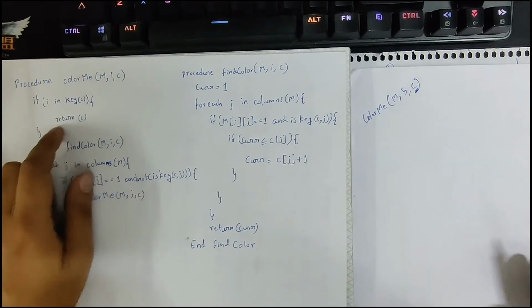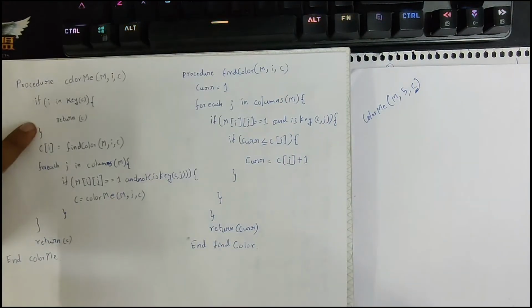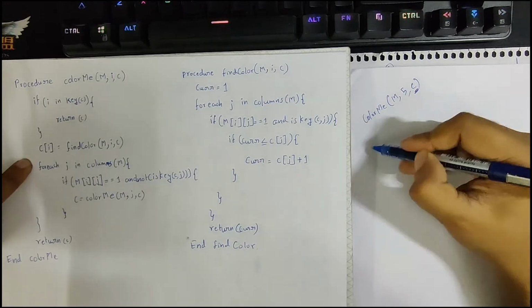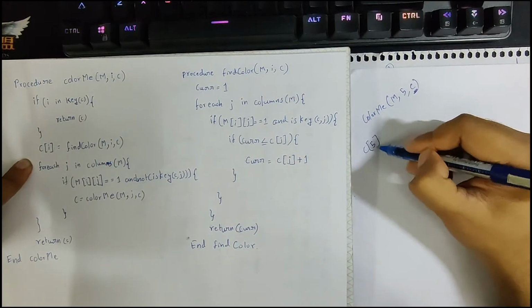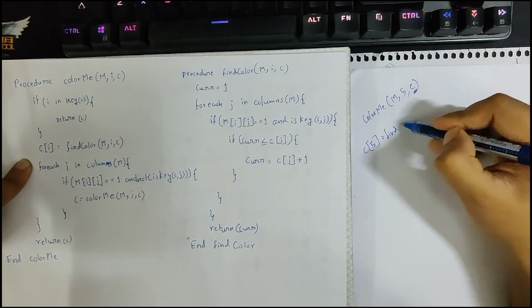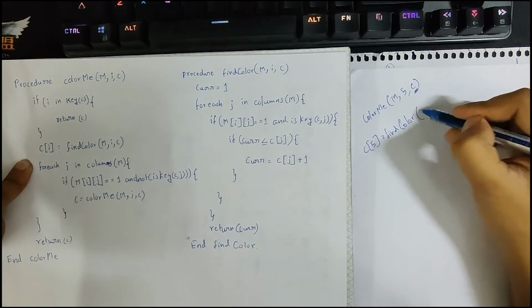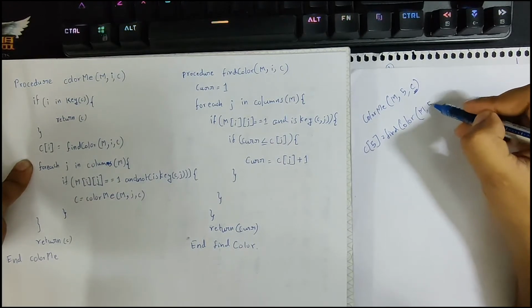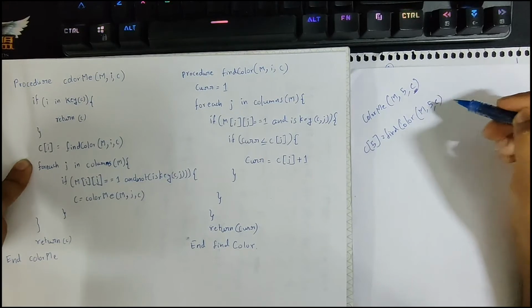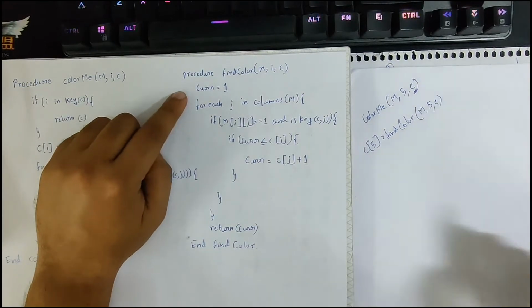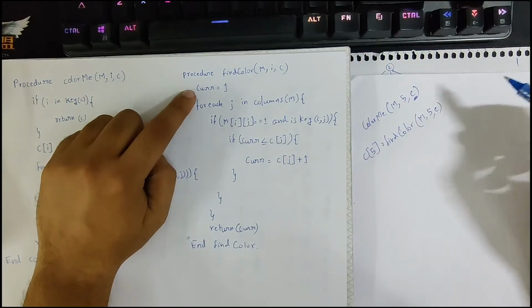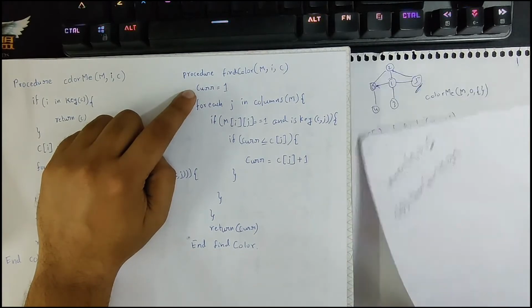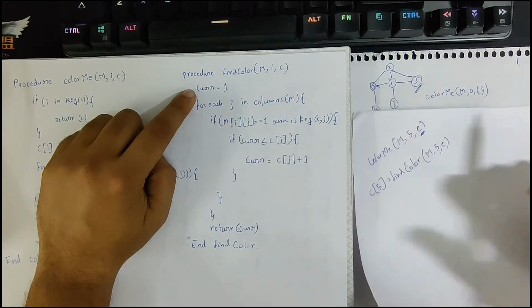So 5 is not a key. Then we'll go to assigning the value of 5, c of 5 equal to find color of m, 5, c. So same, current value is 1 now, and we are checking all the edges from 5.